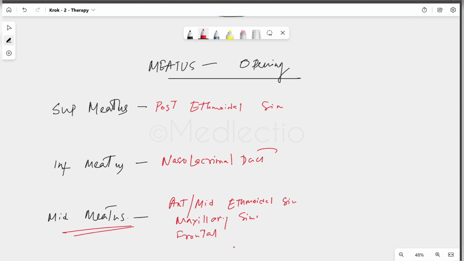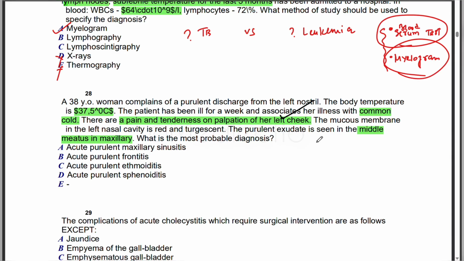So this one has a lot. As you can see, maxillary sinus, middle meatus, as they have seen. So it's acute purulent maxillary sinusitis.